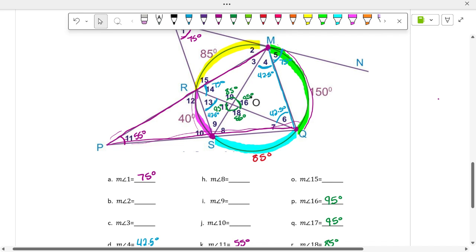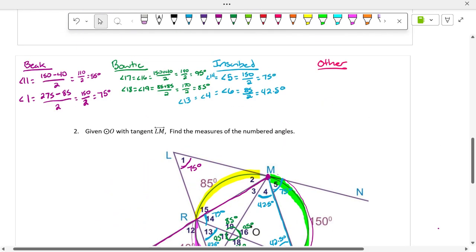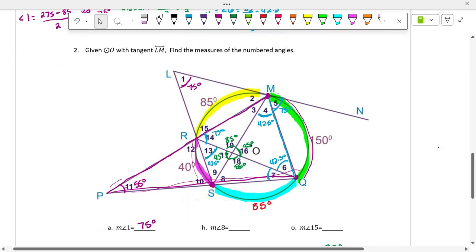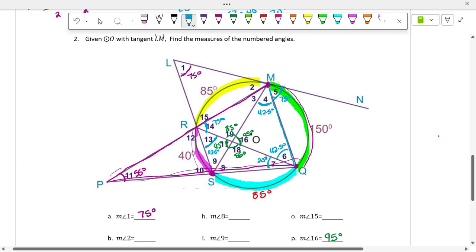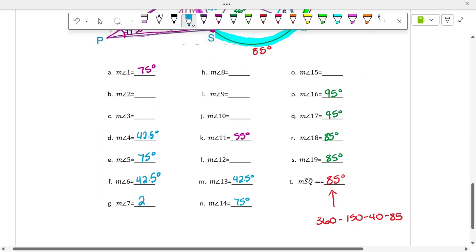What's another one? Dominic. 7 is good. What does it intersect with? 40. So we're going to do 40 divided by 2, which is 20 degrees. Good.